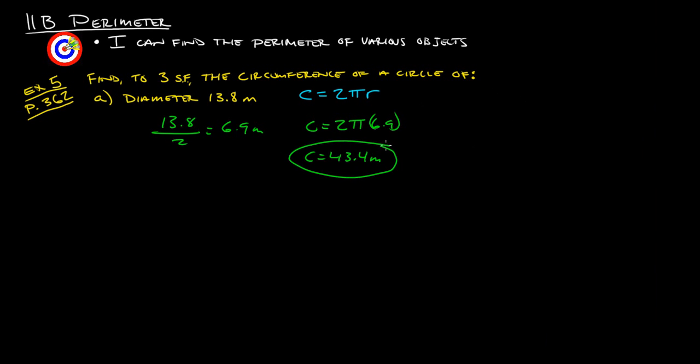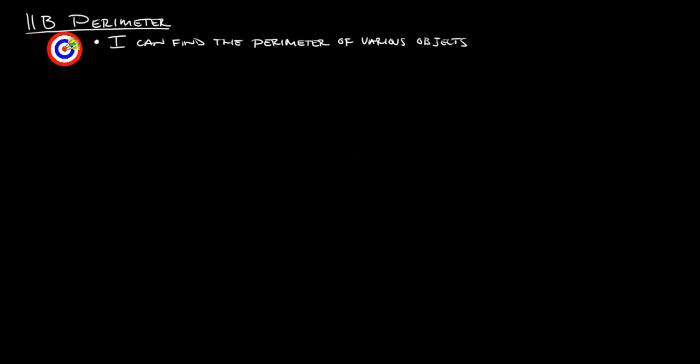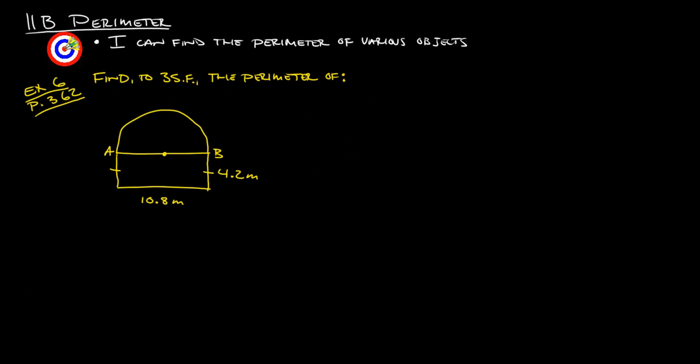Alright, let's take a look at one last one here, and this is example 6 from page 362. We're going to find the perimeter of this thing here. We have to figure out, we know what these 2 sides are.